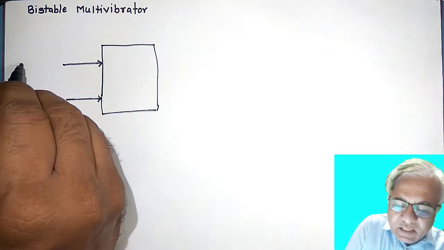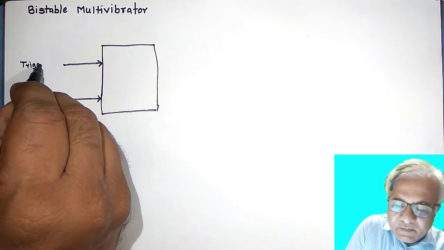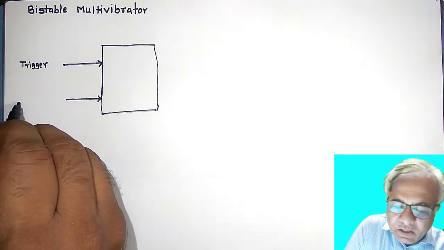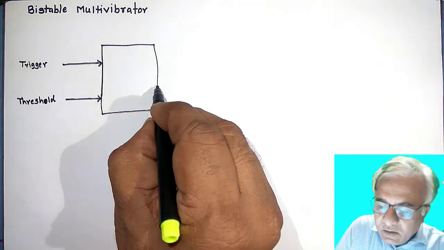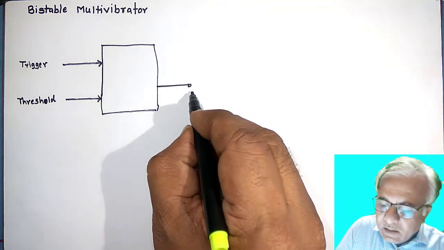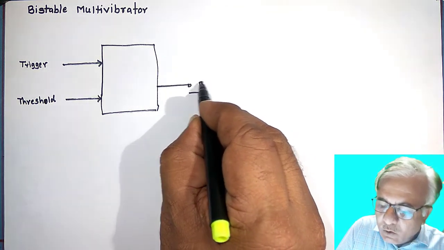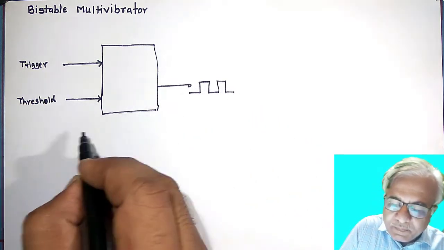One input signal is called the trigger input signal, and the other input signal is called the threshold input signal. And there is one output terminal. The output is a square wave. Both the states are stable.